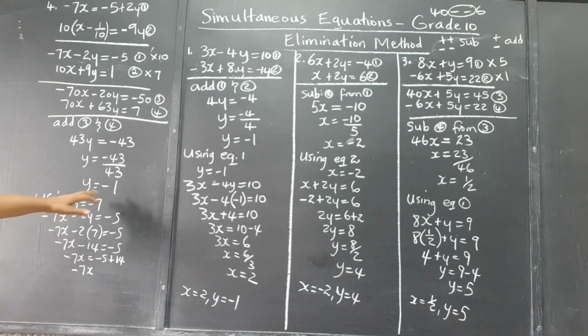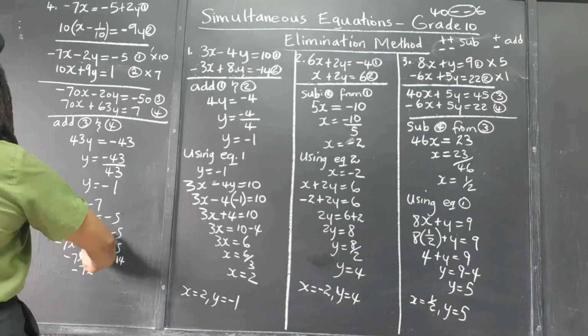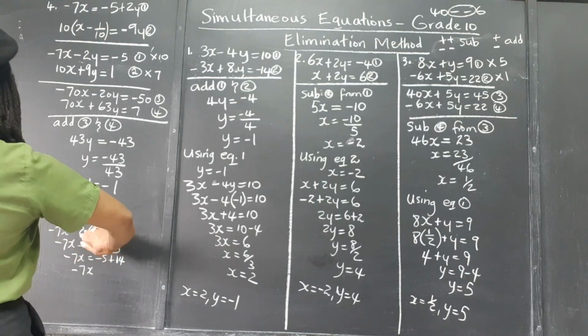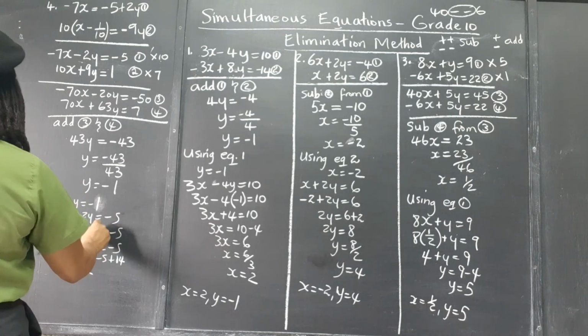Alright, let me retrace my steps. So I'm using this equation, negative 7x minus 2y equal negative 5. Okay, y is supposed to be negative 1.